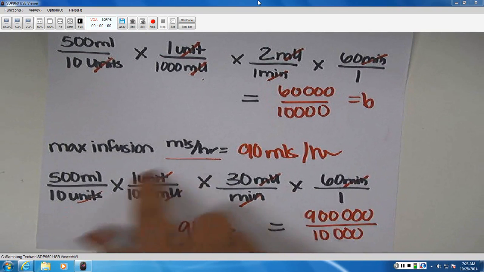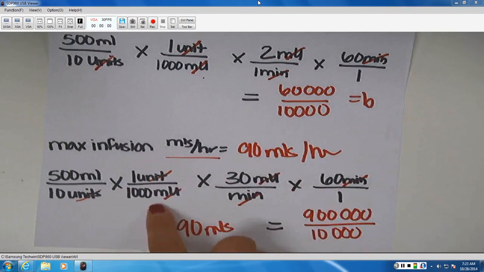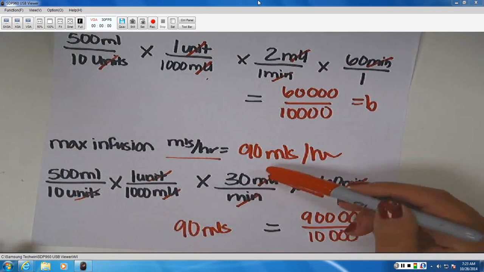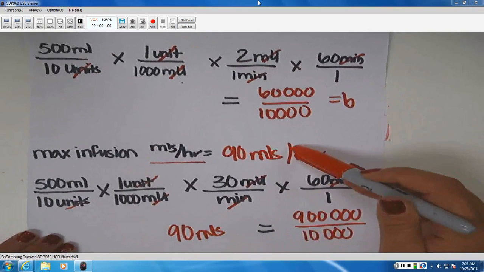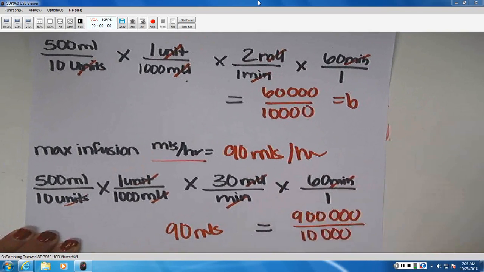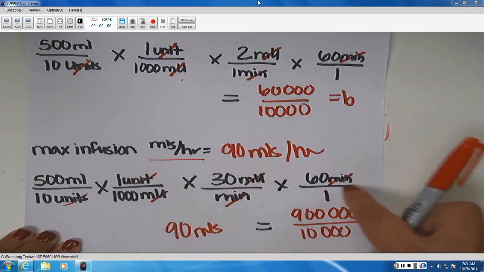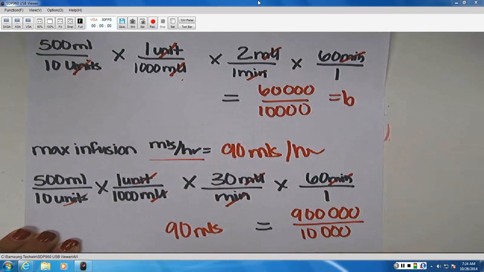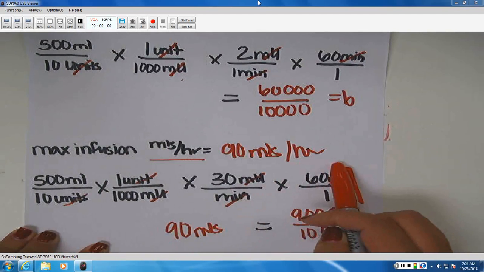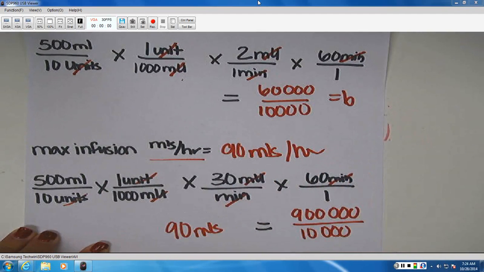So I'm going to put my conversion here of 1 unit over 1,000 milliunits. The maximum dose that I can give is 30 milliunits per minute, but I want to solve for mLs per hour, so then I'm going to have my 60 minutes over here to convert that in minutes to an hour. Multiply straight across. If I give 90 mLs per hour, that is the equivalent to 30 milliunits per minute.